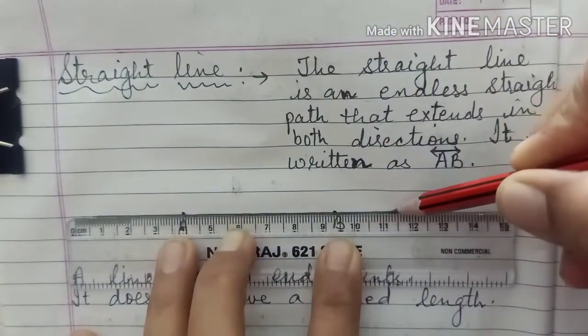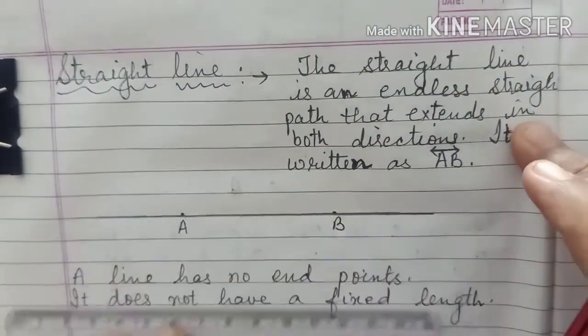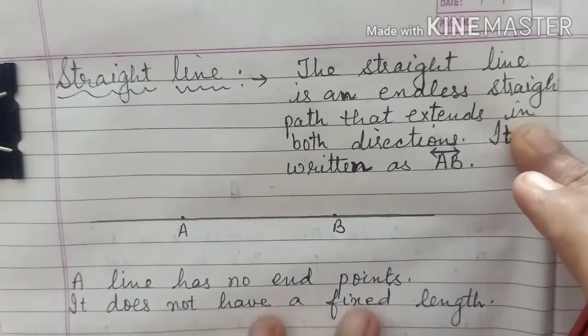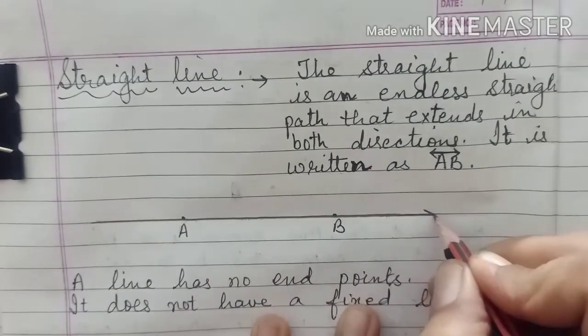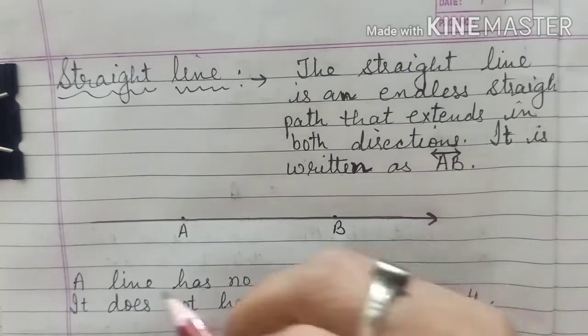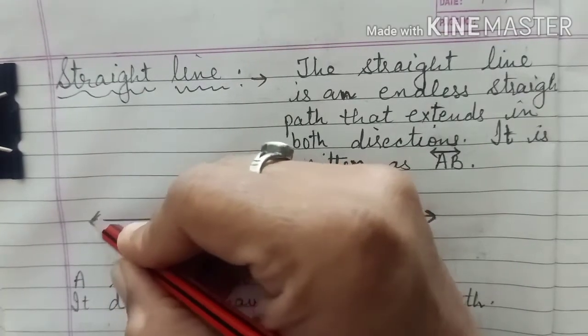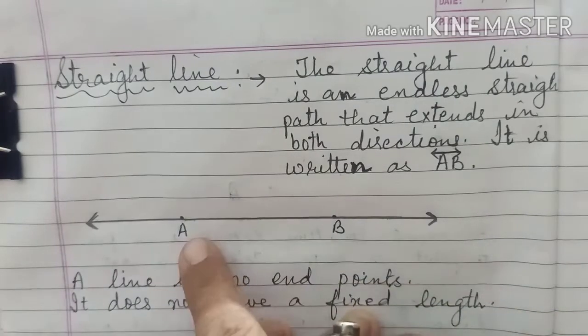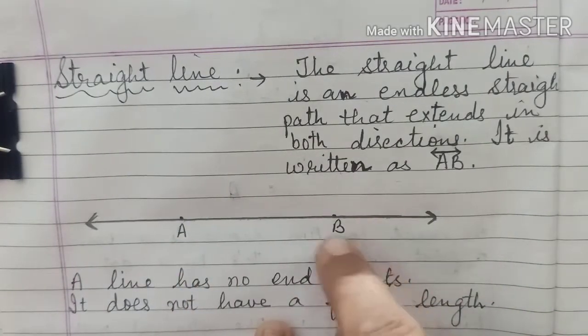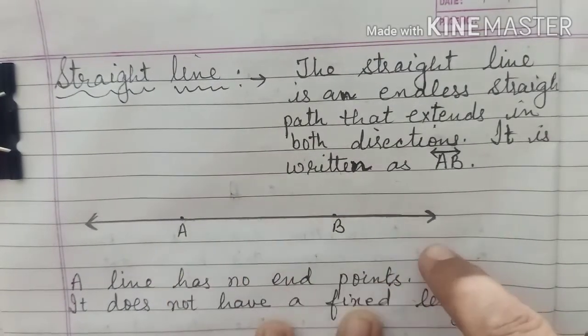Okay. It is a line. How is it a line? Because we can write down here arrows. Arrow means we can extend on both sides. A and B points lie on the line.